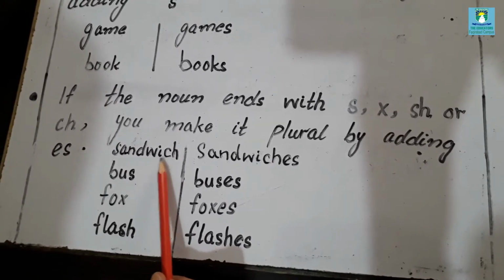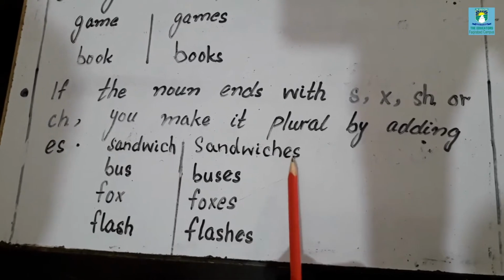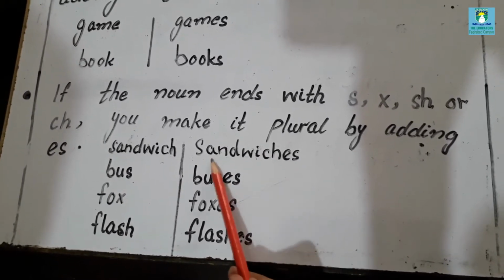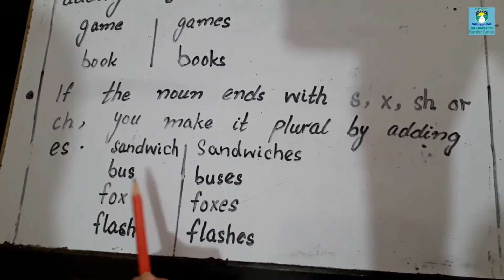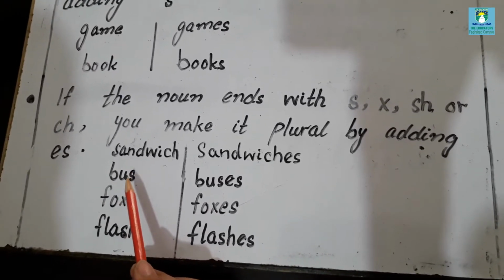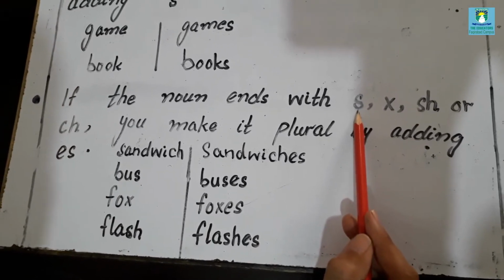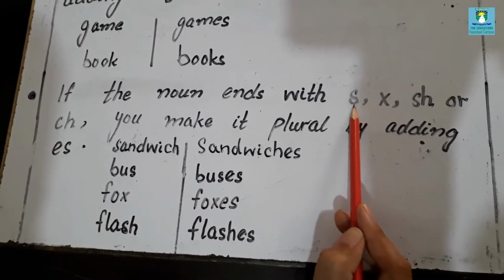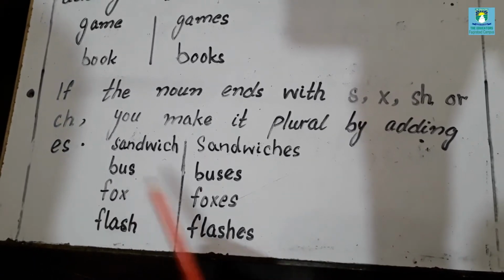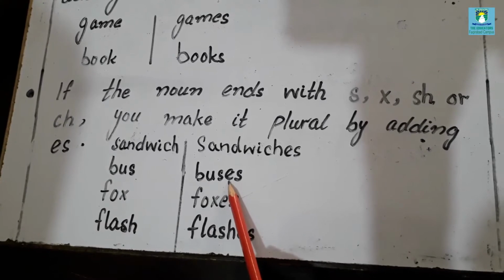You can see sandwich is ending with ch, so we can make it plural by adding es at the end. Sandwiches. The second word is bus. It is ending with s, and we have read here that if a noun is ending with s, we can make it plural by adding es. So here we added es and it became buses.